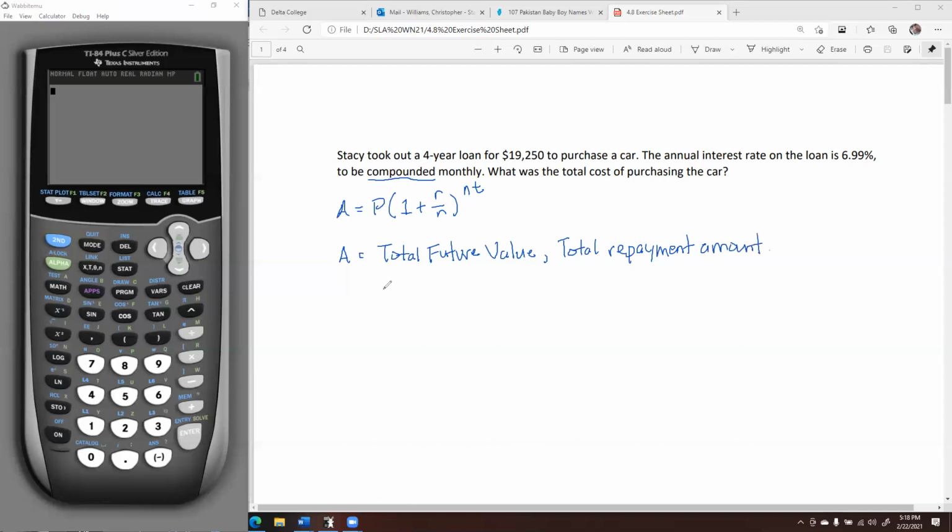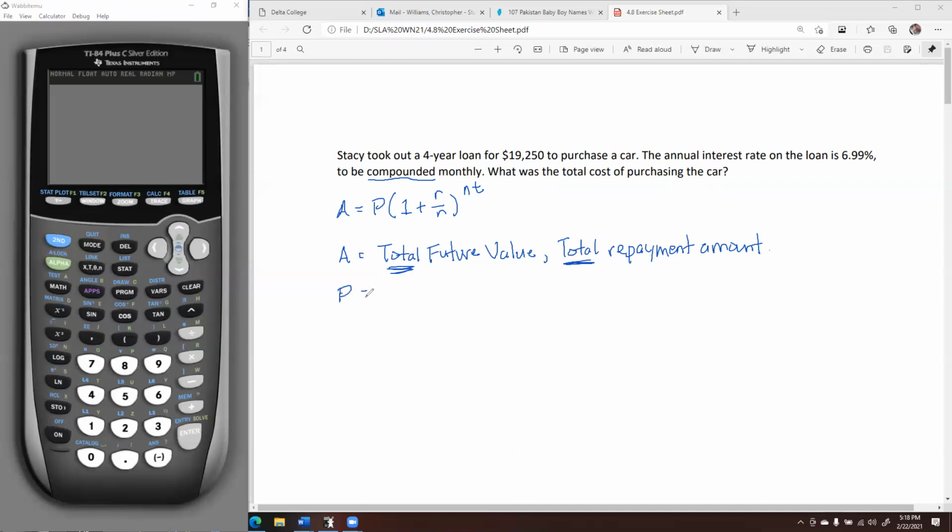Now, in both cases, I want you to notice that we're talking about total, all right? The total future value, the total repayment amount. And we'll talk a little bit more about this in a minute.